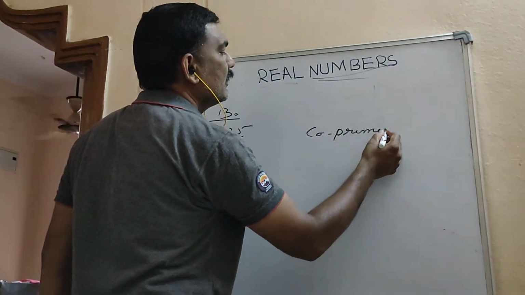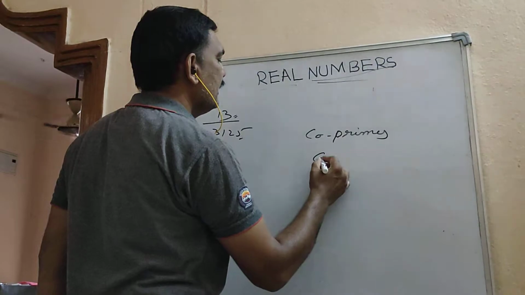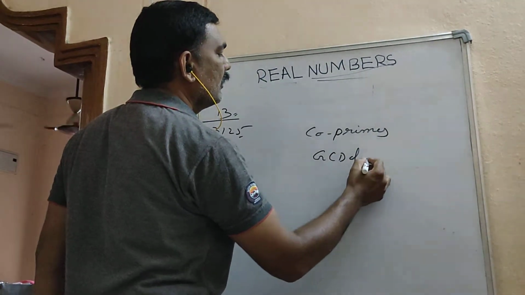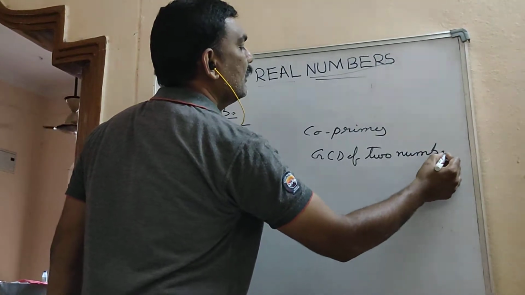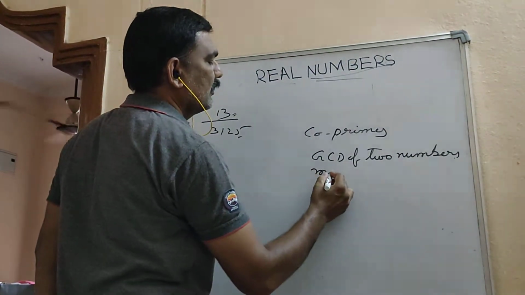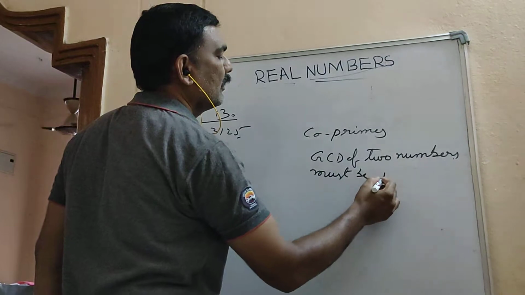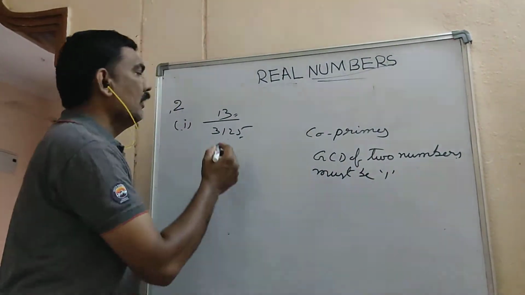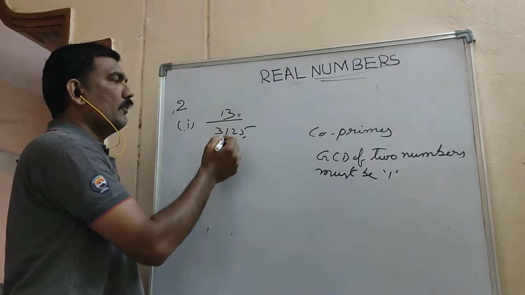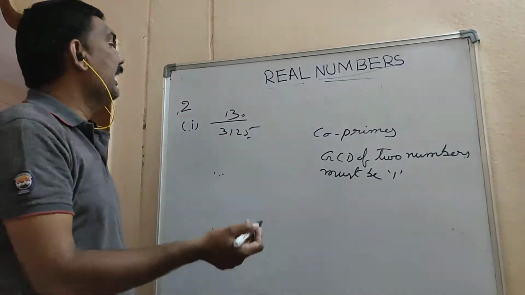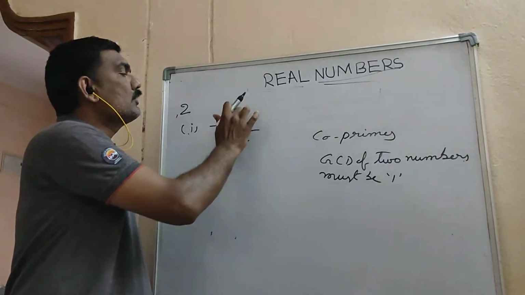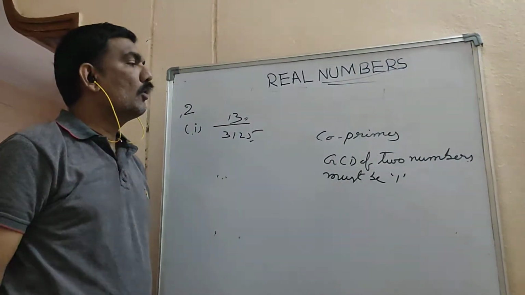Co-primes means the GCD of the two numbers must be 1. Means 13 and 3125 should not go in any table except 1. Then these two numbers are said to be co-primes.